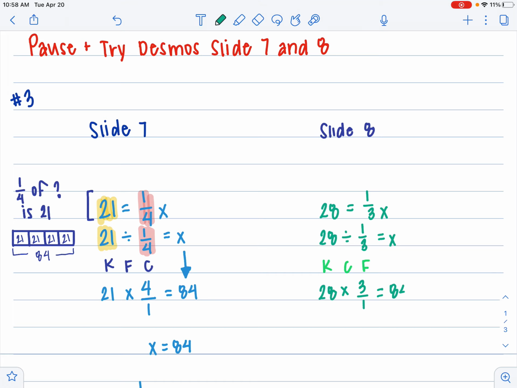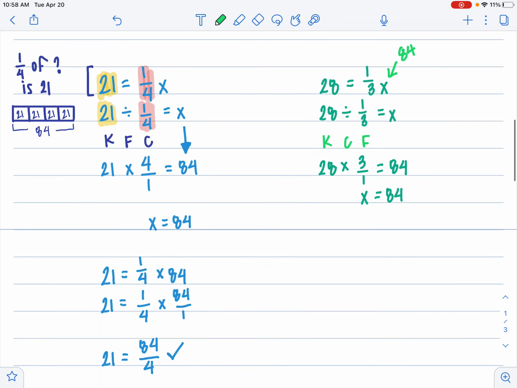And I can always check my work by taking 84. Again, x equals 84, and plugging it back into my original equation, right? If x is 84, 1/3 times 84 does in fact equal 28, but it's always helpful to check our work. 28 does equal 1/3 times 84.